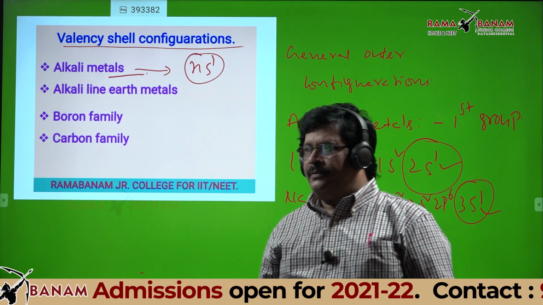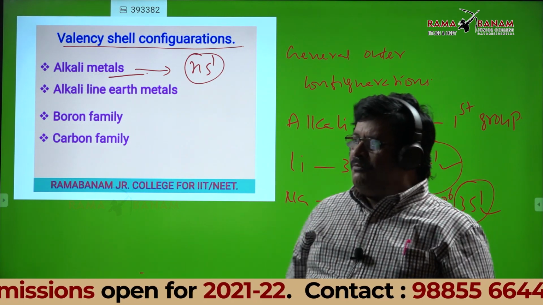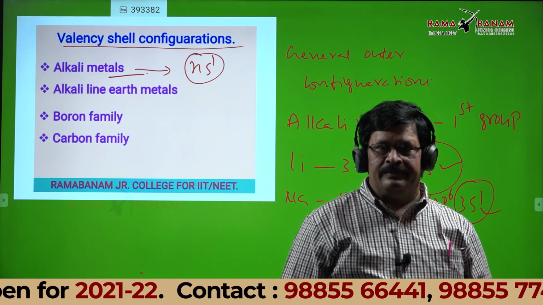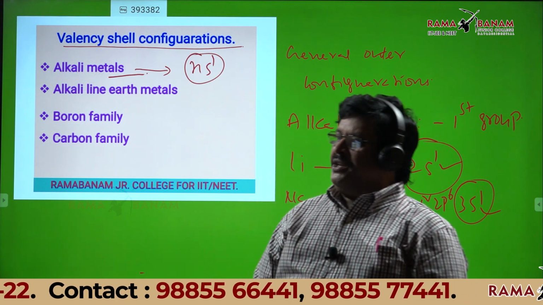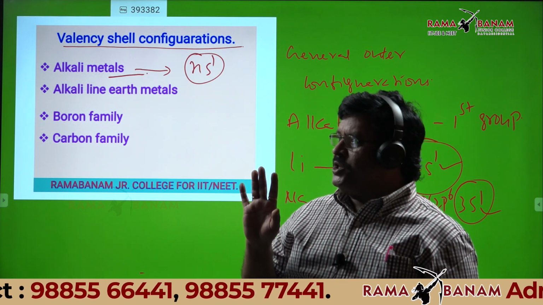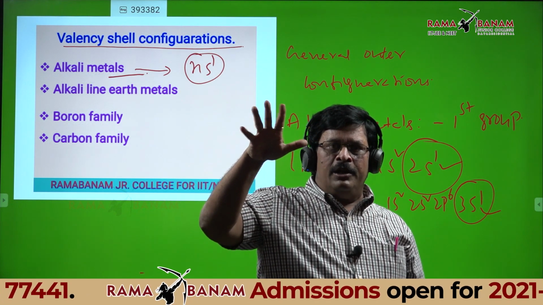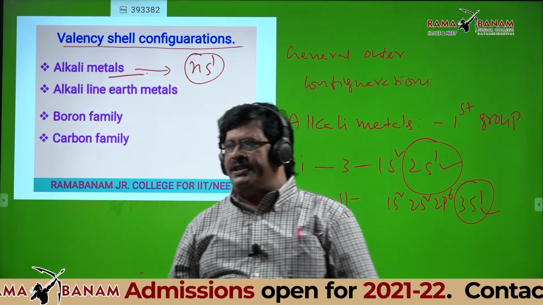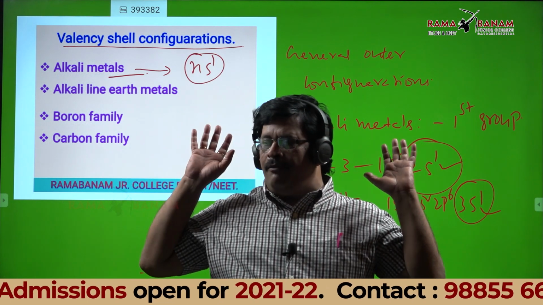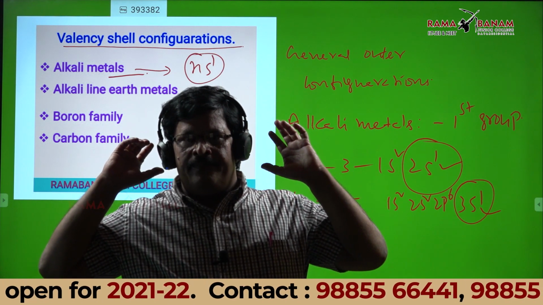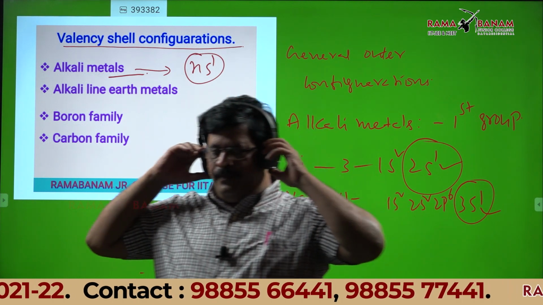Can you write like that for the remaining? I'll wait, students. I'll give 3 or 5 minutes to you all. You write the valence shell configurations. After that, we'll discuss.